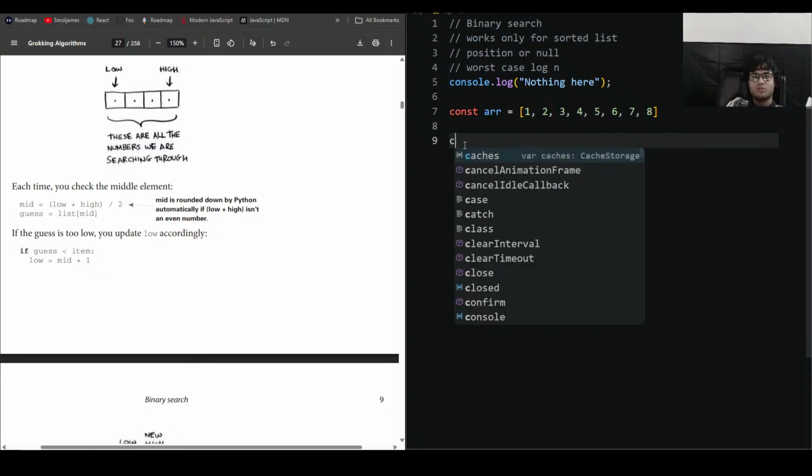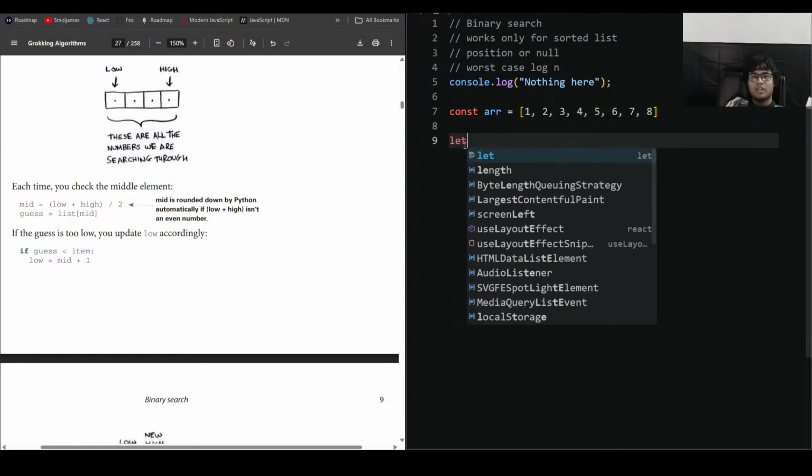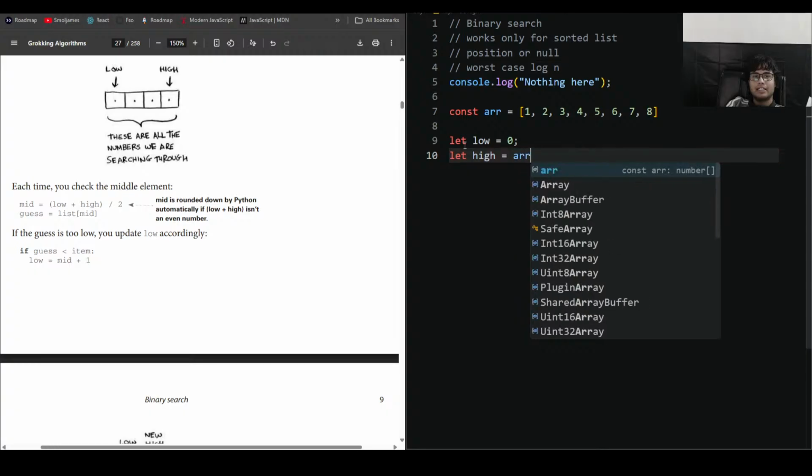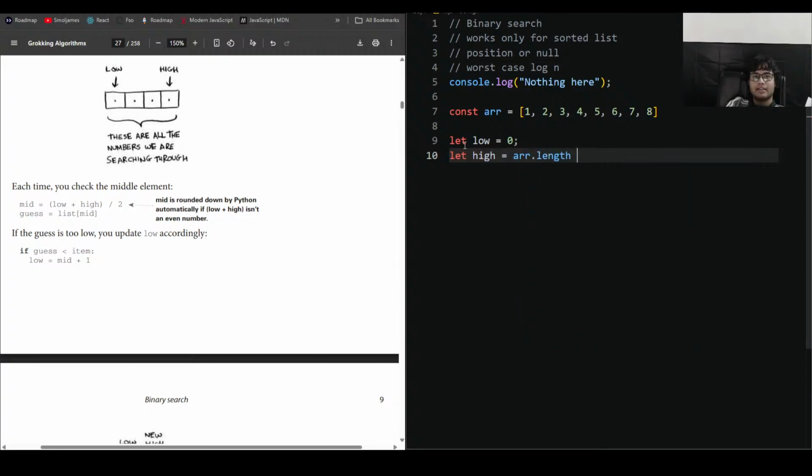So here we are doing let low is going to be 0 and let high, which is not going to change, is array dot length minus 1.